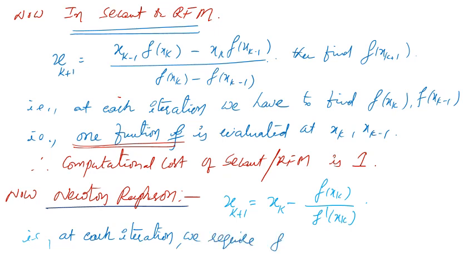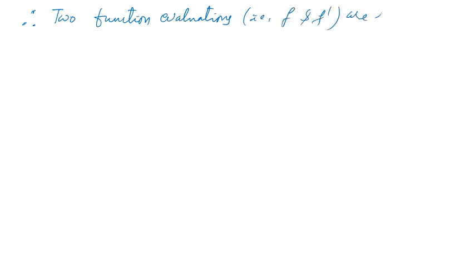We require f of xk and f dash xk. Now there is another function f dash. Therefore two function evaluations, that is f and f dash, are required at each iteration.